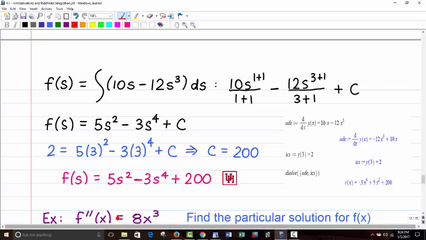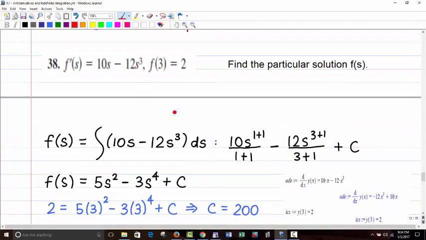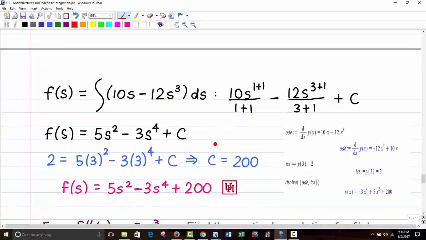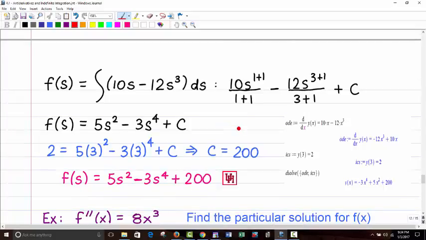Now we have to come up with the value of c that satisfies this condition here where f of 3 equals 2. So like I said, we'll put 2 over on the left side because that's the result right here. 2 is the result when the s will be 3. So put 3, put 3. Just get your calculator out and figure all this out. I didn't show all the arithmetic here, but I'm sure you won't have any problem with that using a calculator.